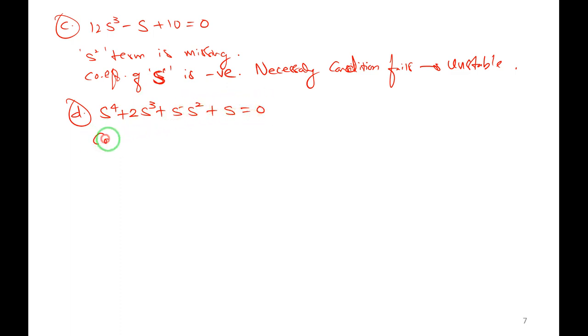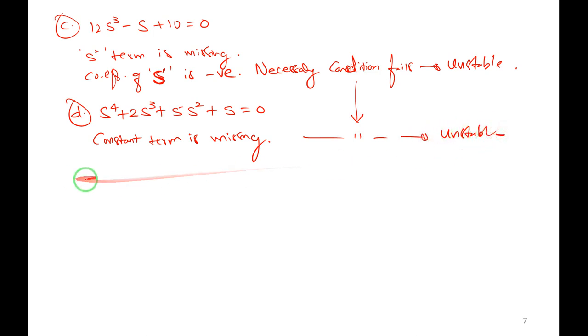So the constant term coefficient is 0. The necessary condition fails, so the given system is unstable.